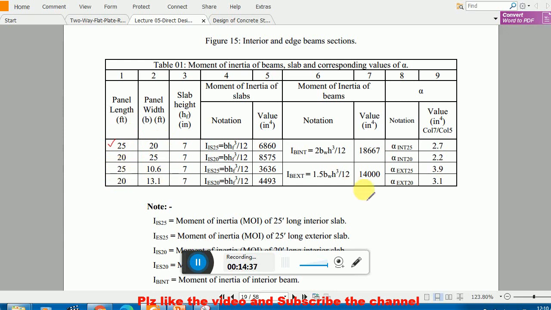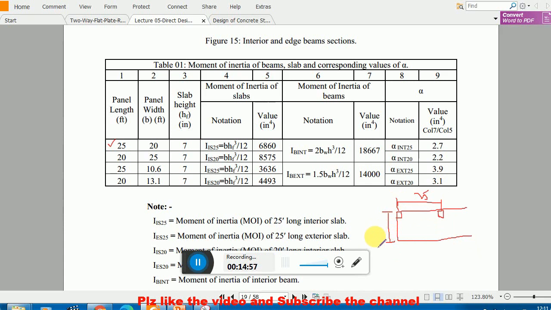Now, if you are taking 25 feet for the exterior frame, here we have columns. So if you are taking 25 feet as your span length, then remember this half will now be your width.